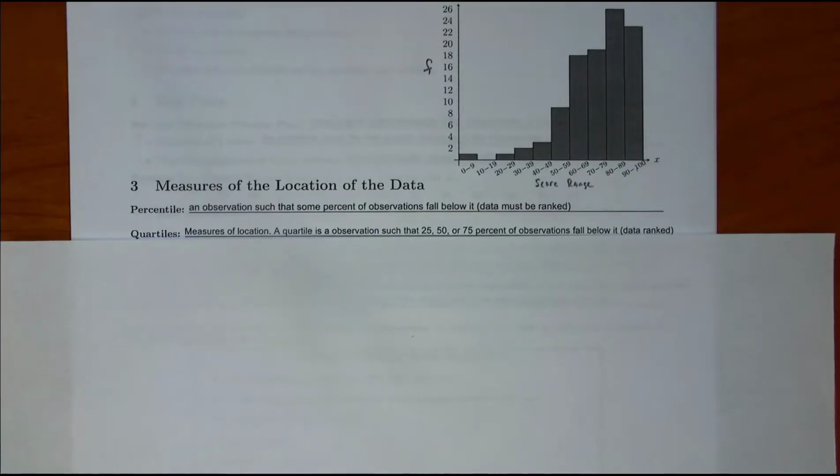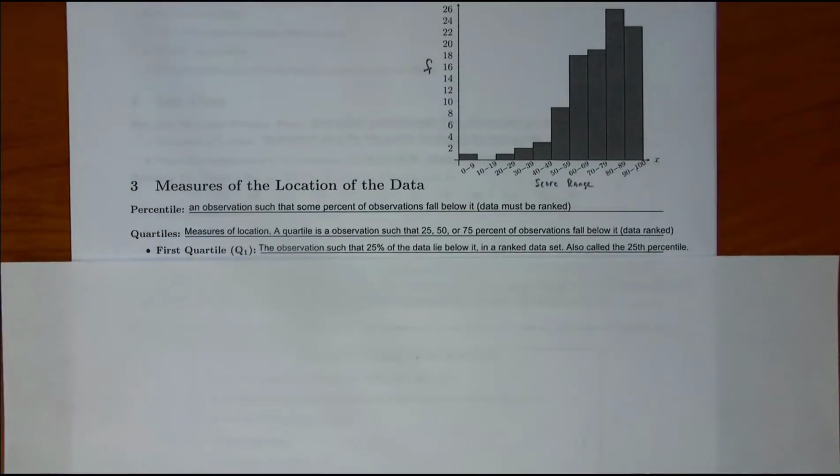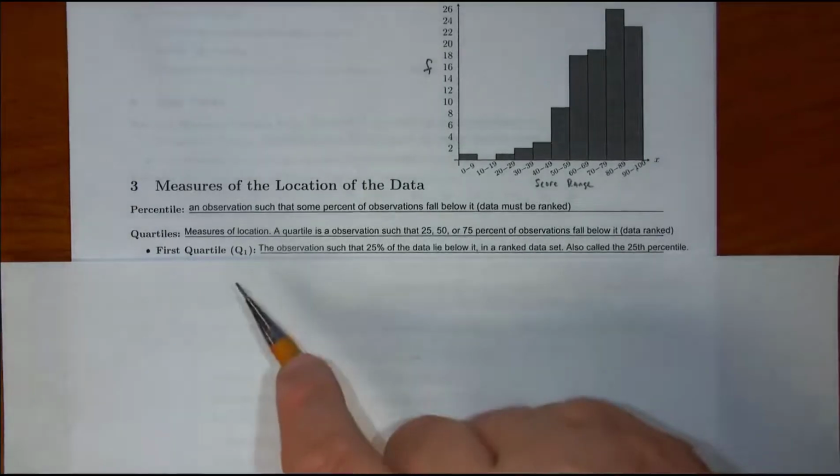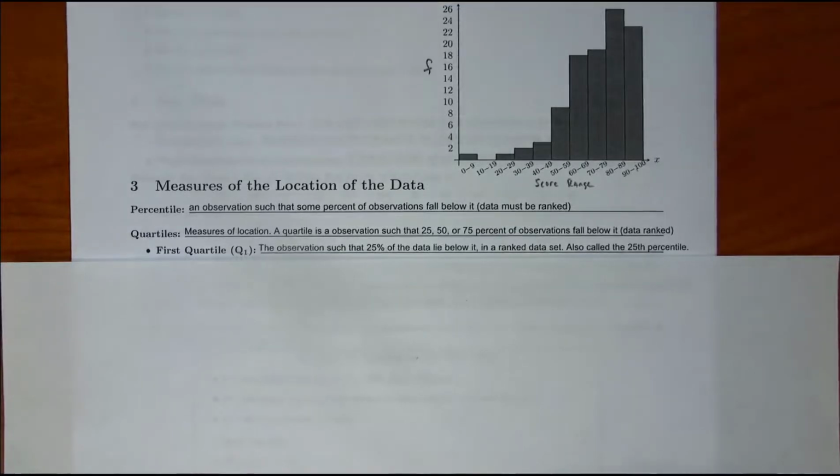They have special names. The first quartile is the 25th percentile. It's the observation such that 25% of the data lie below it, when the data are ranked from least to greatest. We have a shorthand notation for the first quartile: Q1. Q1 is the first quartile.